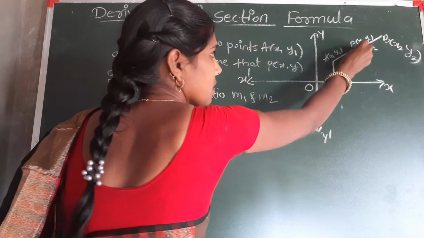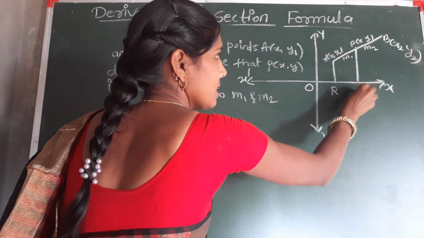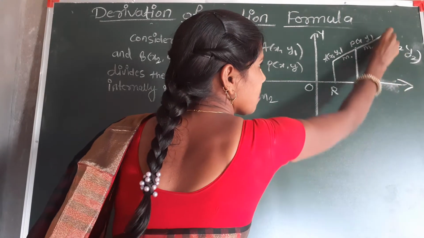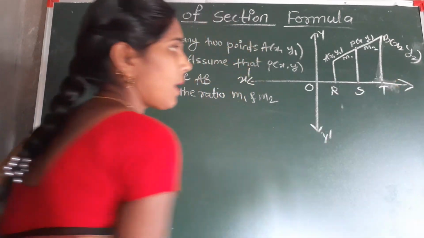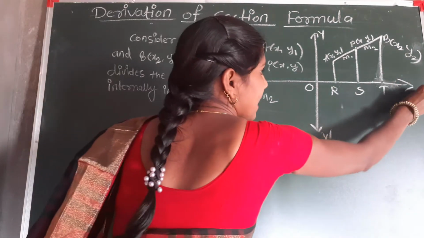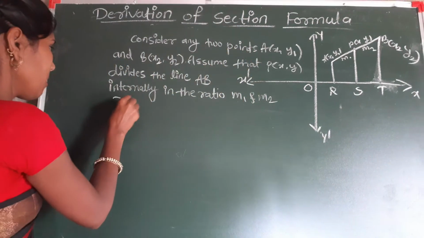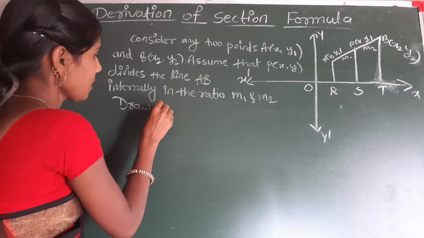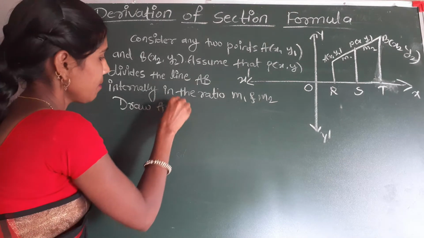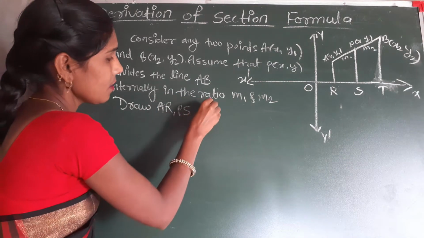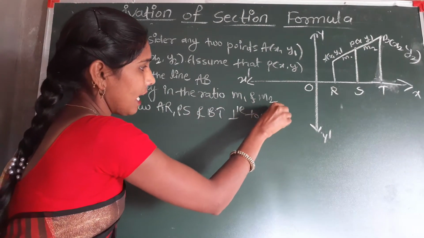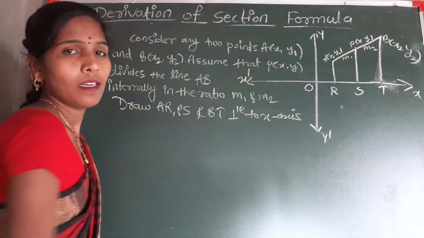Now draw AR, PS and BT perpendicular to the x-axis.